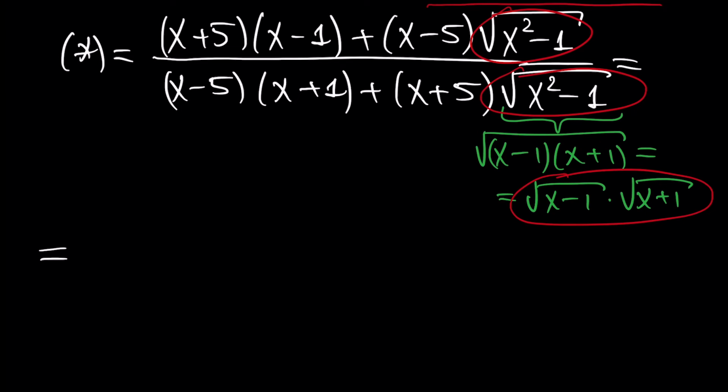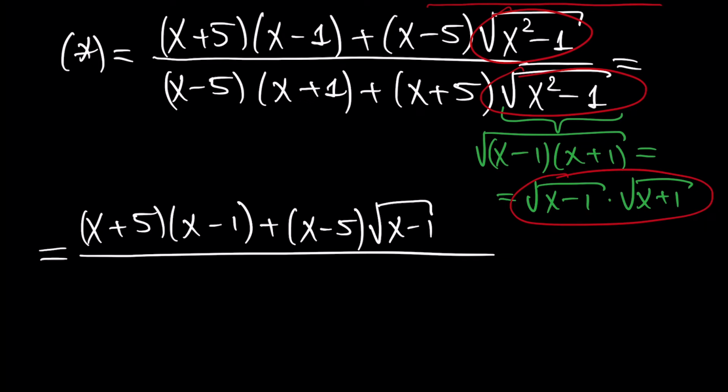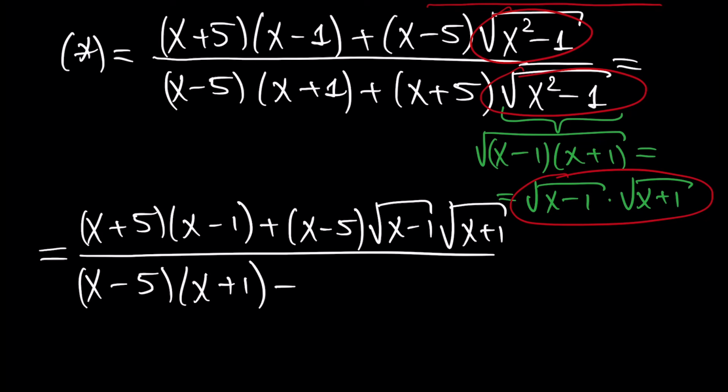It will be longer, but you will understand better. I'm just rewriting it. x minus 5 times x minus 1 times x plus 1. And here it will be x minus 5 times x plus 1 plus x plus 5 times square root of x minus 1 times square root of x plus 1.